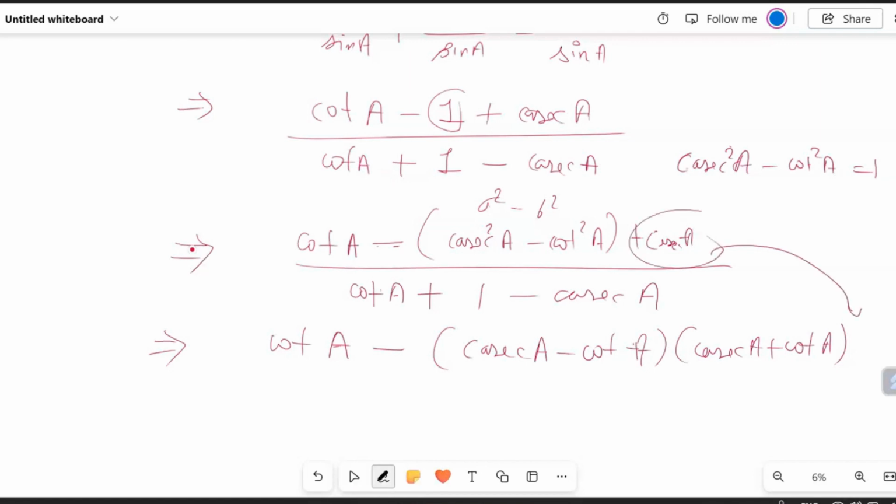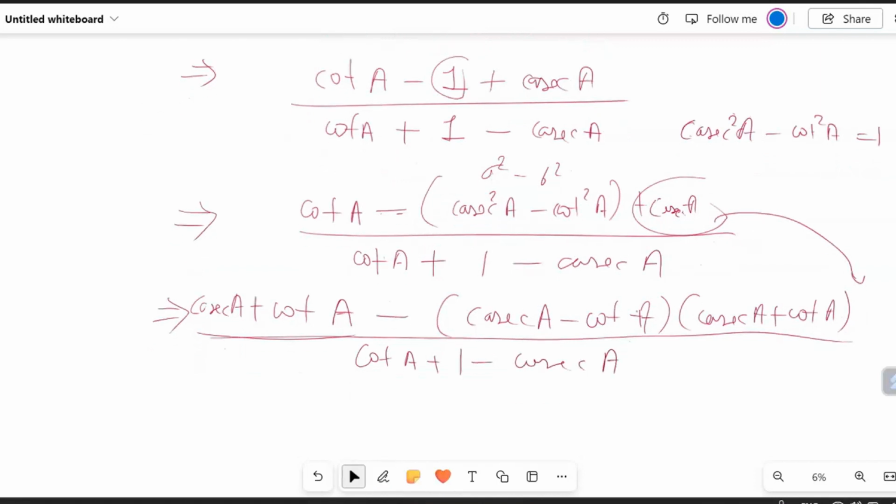So can I write down here also cosec A plus cot A? I am writing it on the front. Now divided by cot A plus 1 minus cosec A.